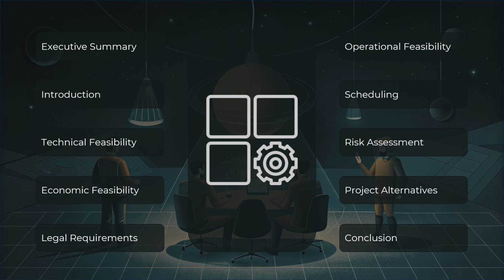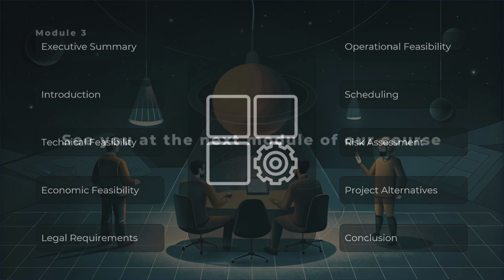Legal and regulatory requirements, operational feasibility, and considerations of scheduling and timeline are meticulously examined. Risk assessment, evaluation of project alternatives, and a conclusion with recommendations provide stakeholders with a holistic understanding, aiding in decision-making and ensuring that the project is well-informed and strategically planned.